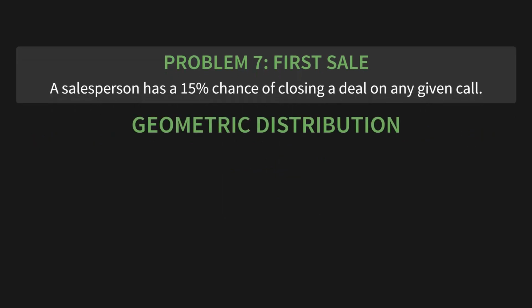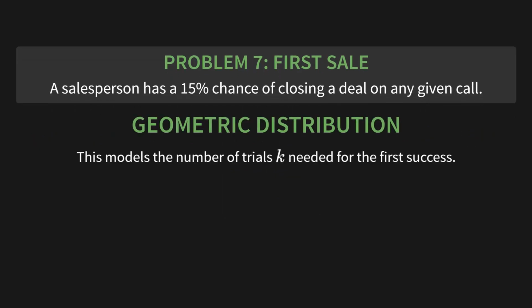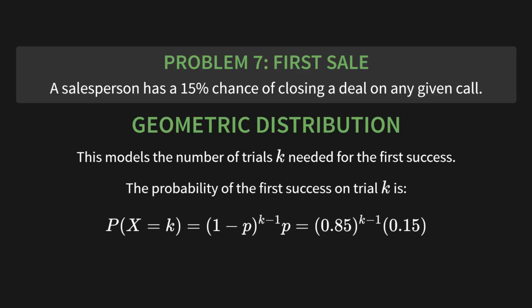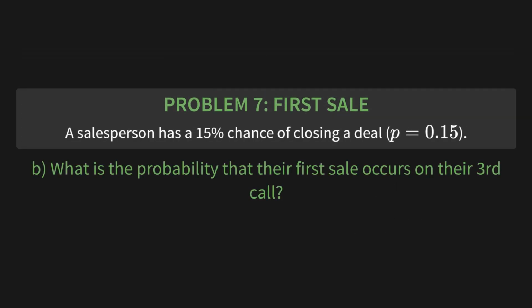It's perfect for modeling the number of trials, k, needed for that very first success. The probability of the first success happening on trial k is given by the formula you see here. P of x equals k is (1 minus p) to the power of k minus 1 times p. For our salesperson, that's 0.85 to the power of k minus 1 times 0.15.